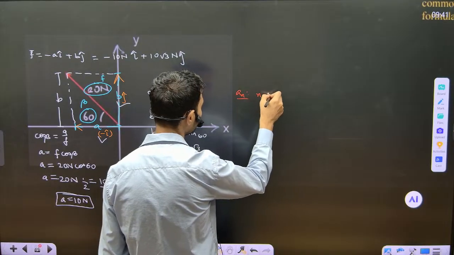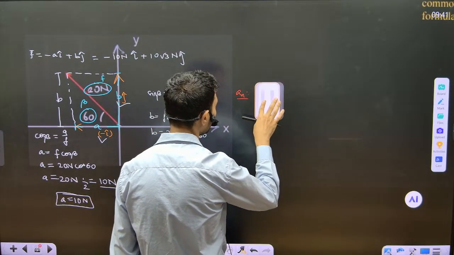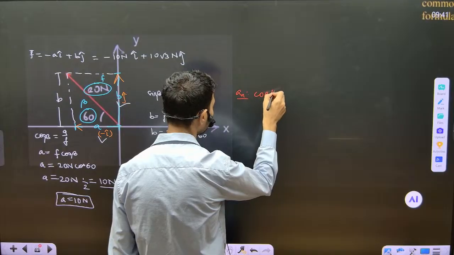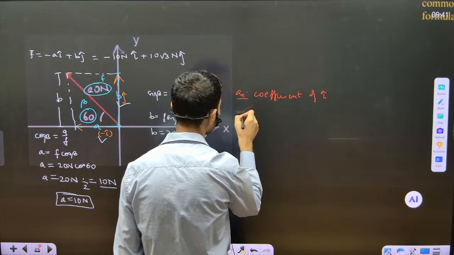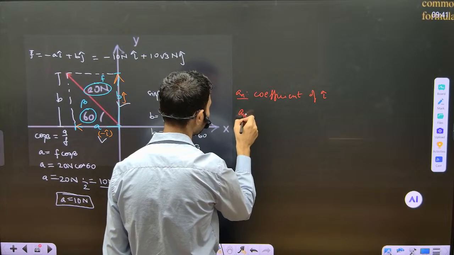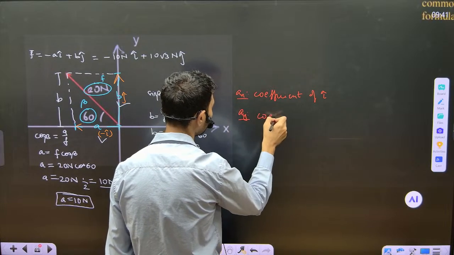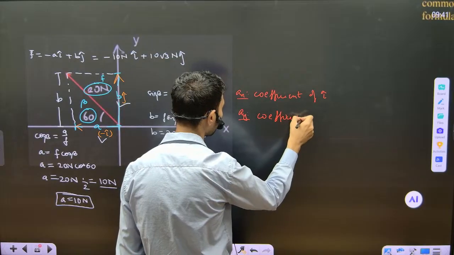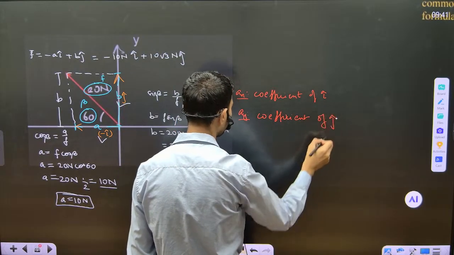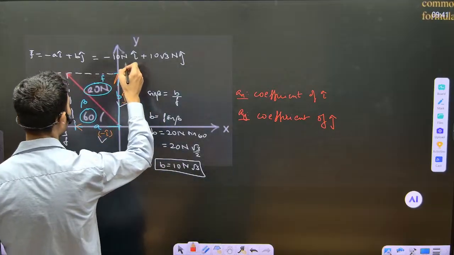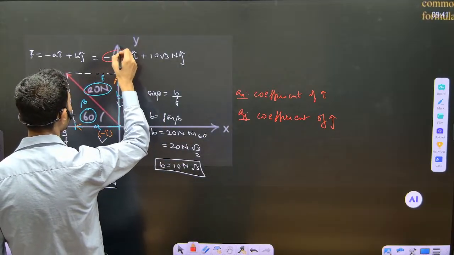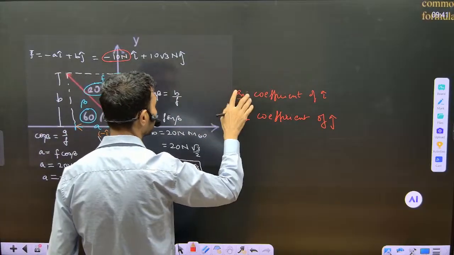AX means coefficient of I cap and AY means coefficient of J cap. So coefficient of I cap is ax, or in this case it's not a, right?